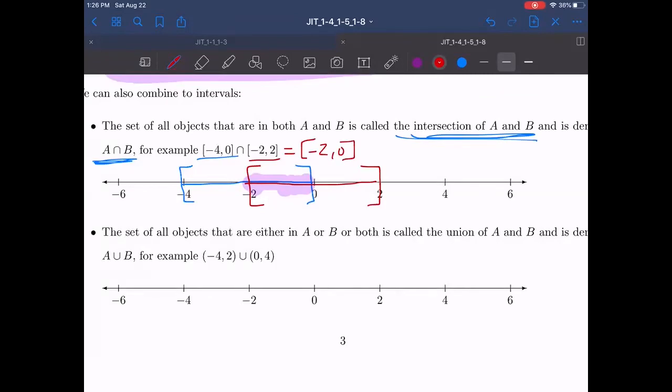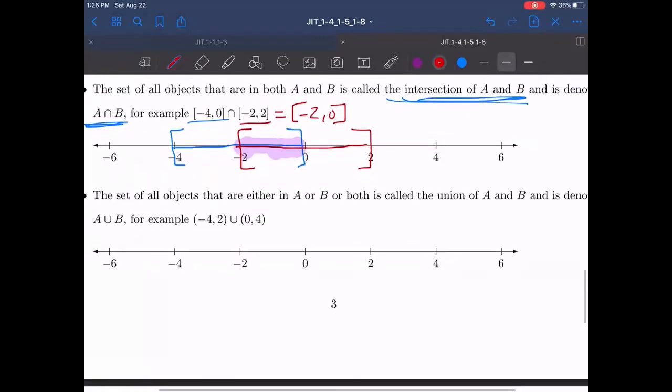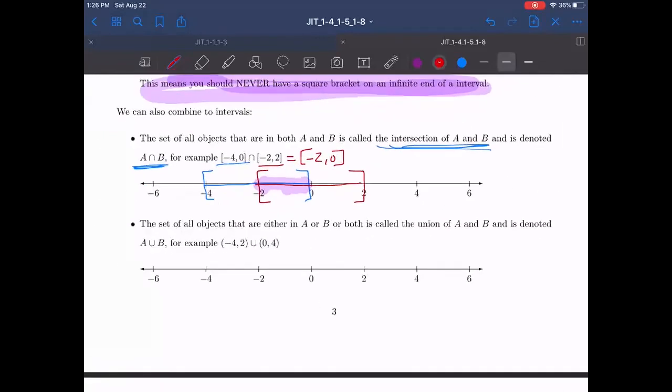Another operation that we can do is called the union. That's the set of all objects that are in either A, or in B, or in both. As long as it's in one of the two, it's good. We call that the union, and we write it with a U. For example, -4 to 2 union 0 to 4.